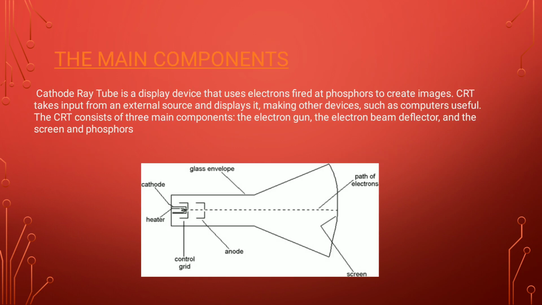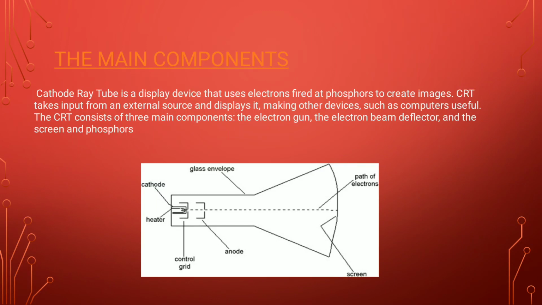As you can see in the diagram, the three components are the electron gun, which is also called the heater, as we can see in this diagram, the heater and the cathode, and the combination of the cathode, heater, and the grid is called the electron gun.